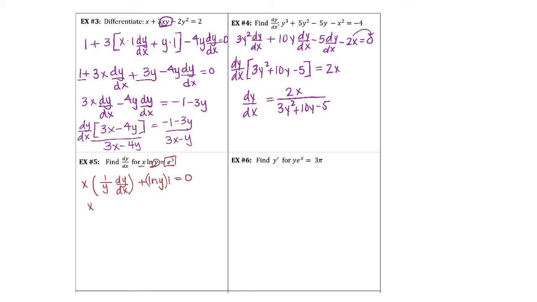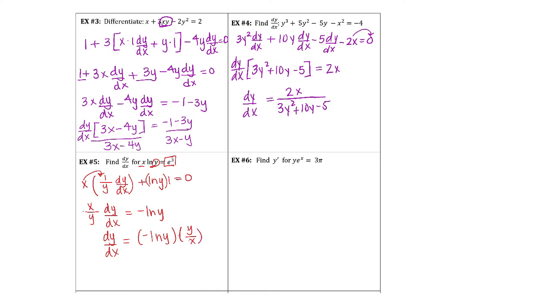So I have x, and I'm going to go ahead and multiply this x to 1 over y. So that's going to give me x/y dy/dx equals negative natural log y. And then I'm going to multiply by the reciprocal here. So dy/dx equals the negative natural log of y times y over x.